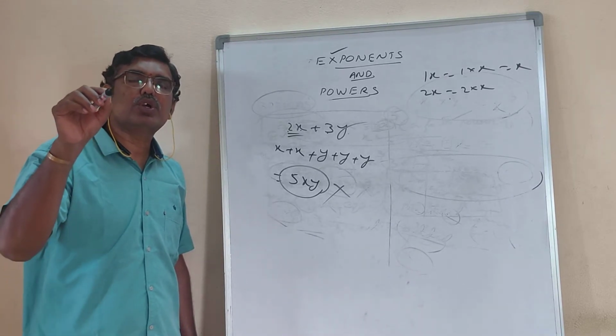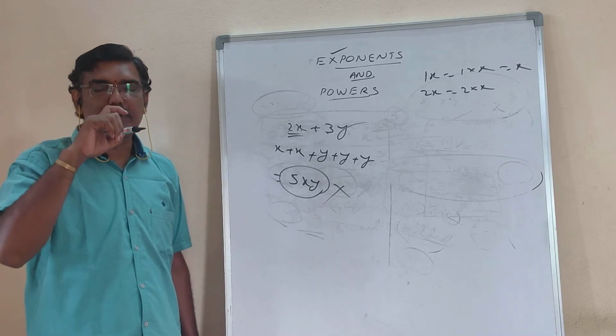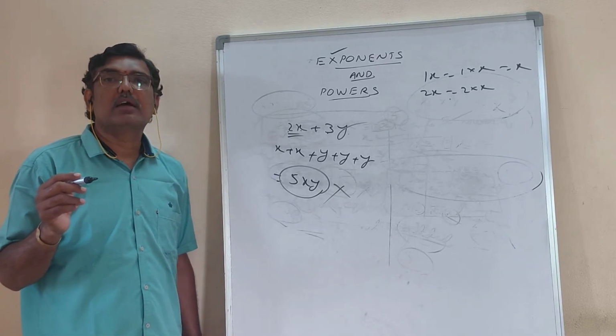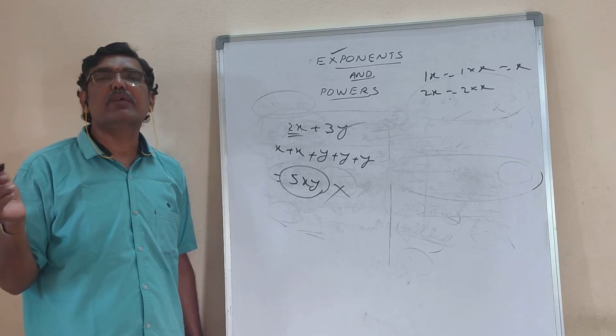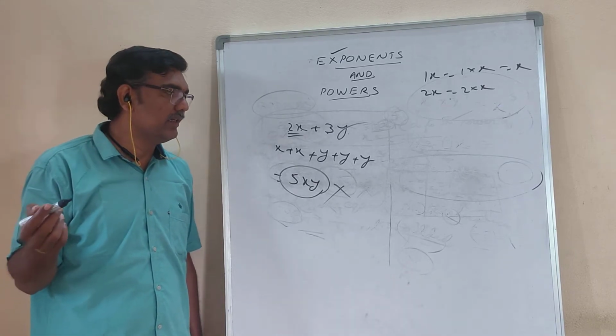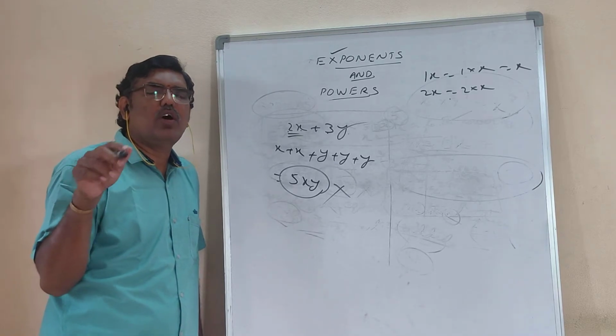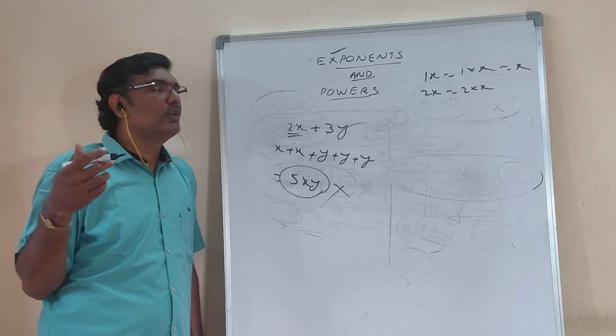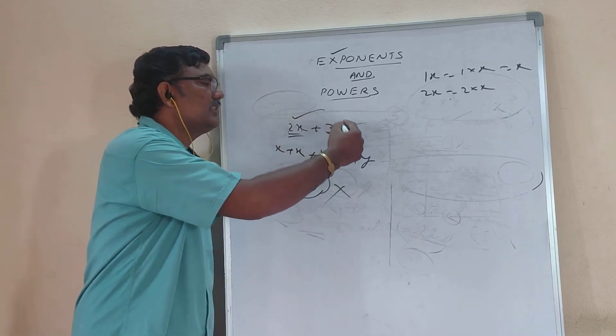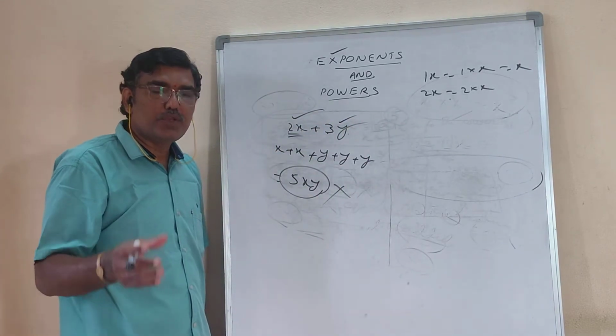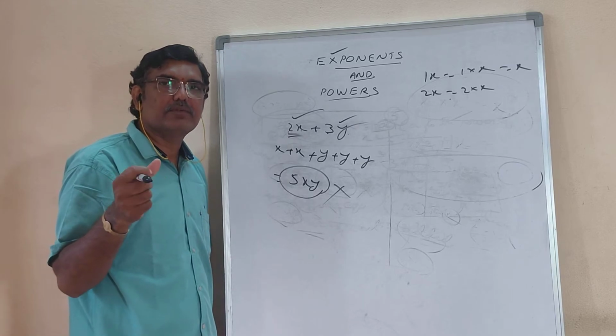But 2 chocolates were given by your brother and 3 biscuits were given by your mother. Then how many are there in total? You will say I have 2 chocolates and 3 biscuits. You can't add them. You can't say 5.